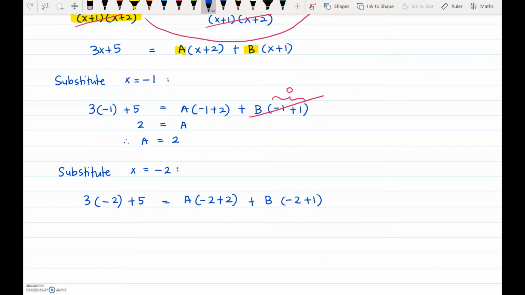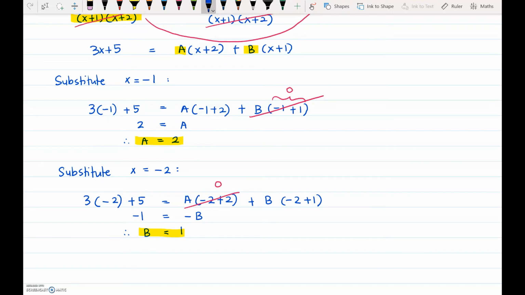So -6 plus 5 is -1 equals to, and this factor will be 0. You only have b times (-2 plus 1), which is -1, so it will be -b, and you will get the answer b equals 1. So now we have the value of a is 2 and the value of b is 1.